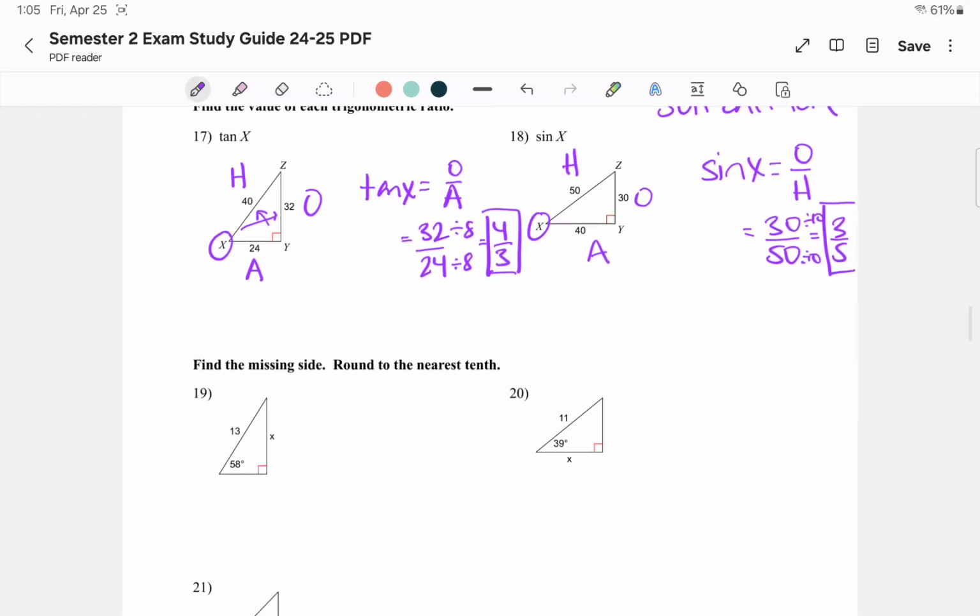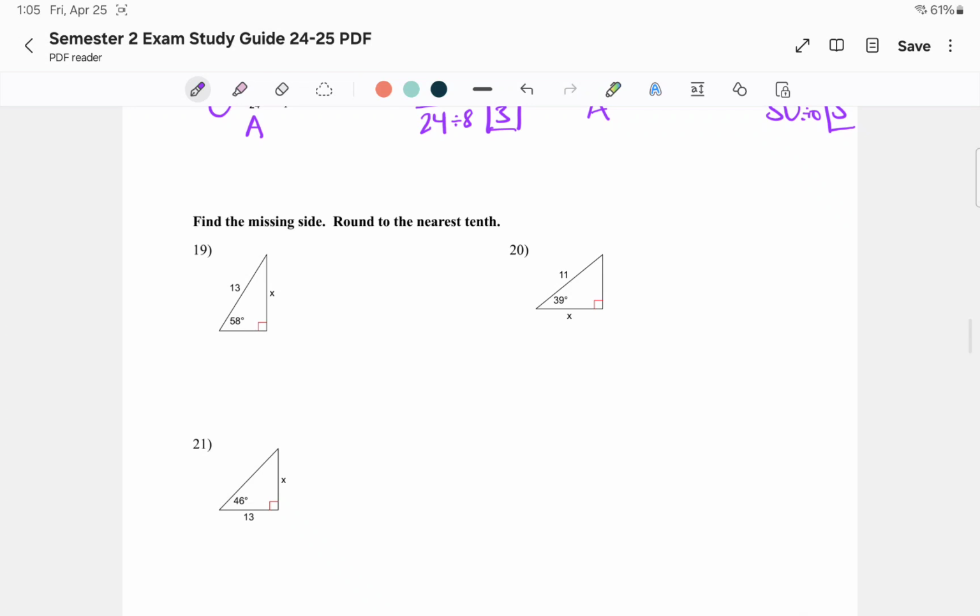Now for 19, 20, and 21, we're actually finding the missing side. It's going to be the last part of this part 1. We're going to stop after 21. So step 1, we're going to label our sides. Let's label all 3 of these. It's going to look just like this on the test too, where it's not going to be rotated.